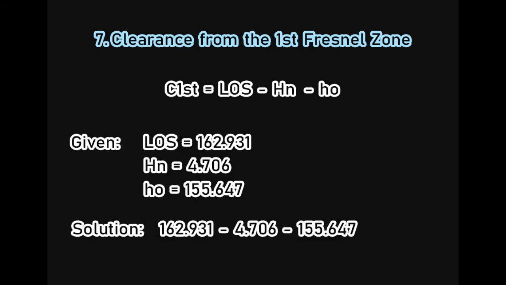C first is equal to line of sight minus first Fresnel zone minus total obstruction. 162.931 minus 4.706 minus 155.647 is equal to 2.578.